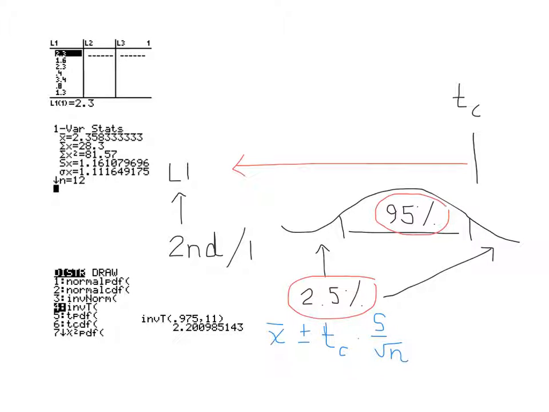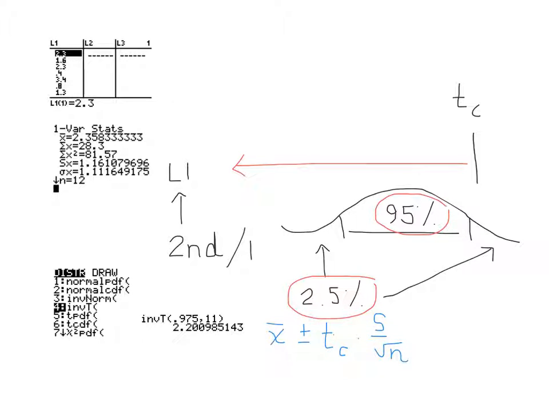So now we have all the necessary information to complete our confidence interval using the formula we displayed on the previous board. The problem asks us to round to 2 decimal places.